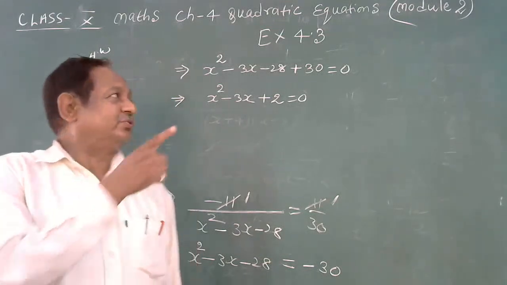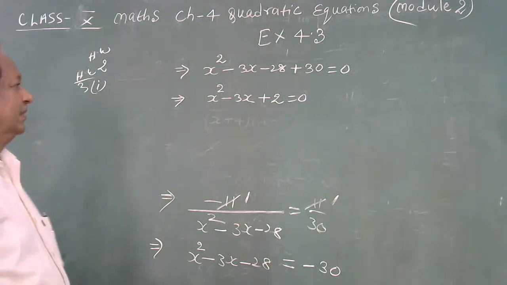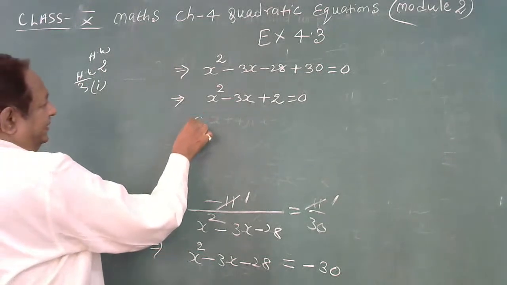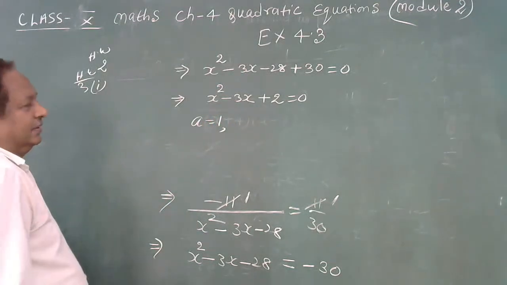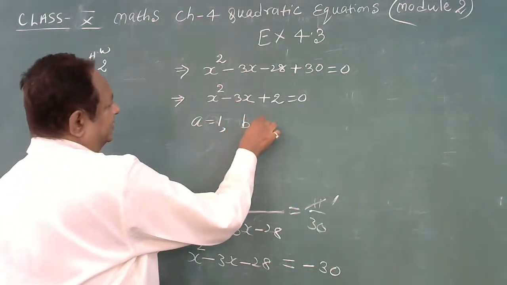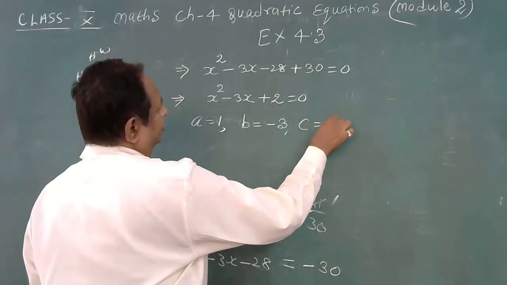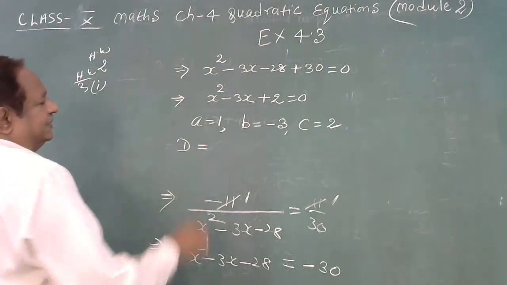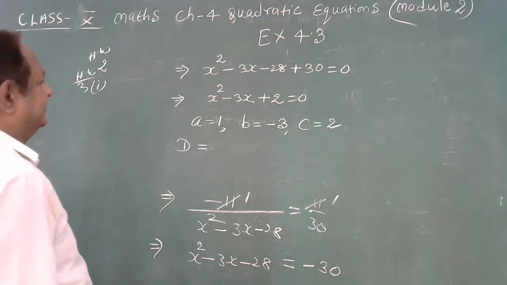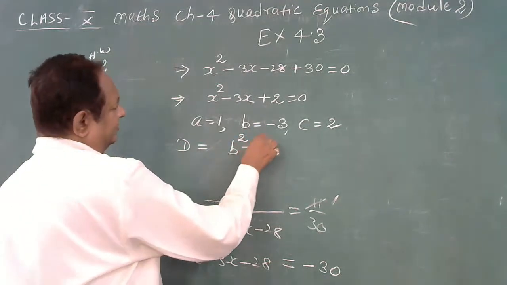Now I am going to solve this by using the quadratic formula. So what is the value of a? 1. b is minus 3 and c is 2. First find D, the discriminant. D is equal to b square minus 4ac.